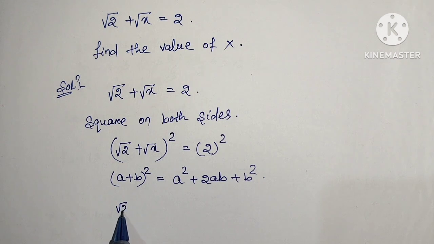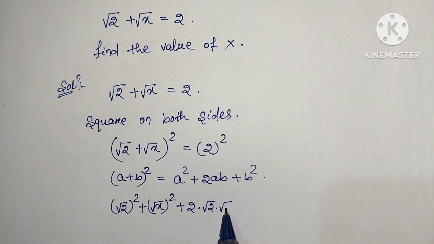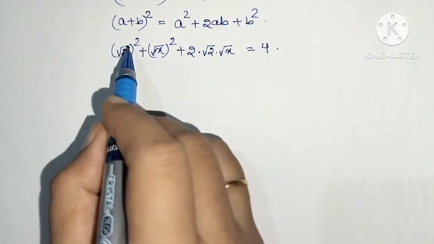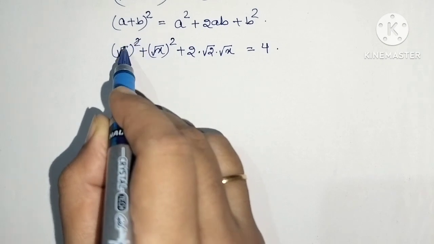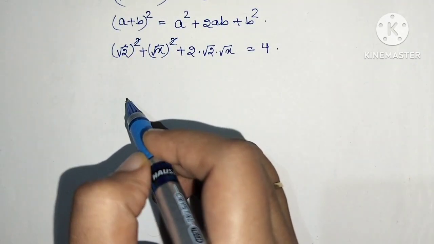Here root 2 square plus root x square plus 2 into root 2 into root x is equal to 2 square. Here it is 4. Then the next step, the 2 and the root are cancelled.